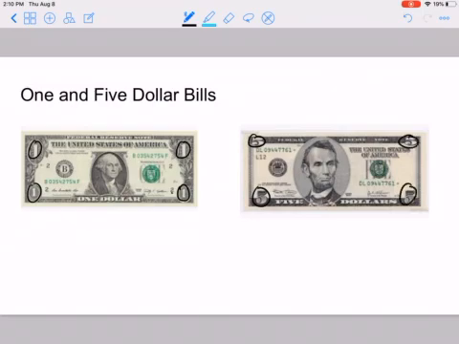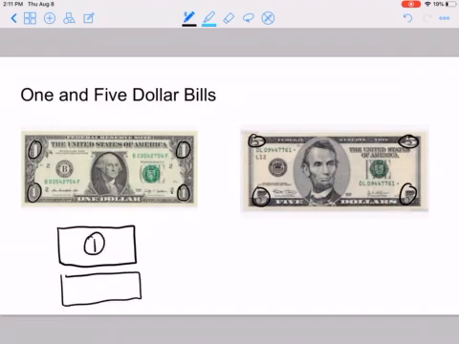When I draw these out as an example, for the $1 bill I'm going to do a rectangle with a 1 in the middle, circled, but the rectangle shows that it's a bill and not a penny. Same thing with the $5 bill. I'm going to do a 5 in the box.